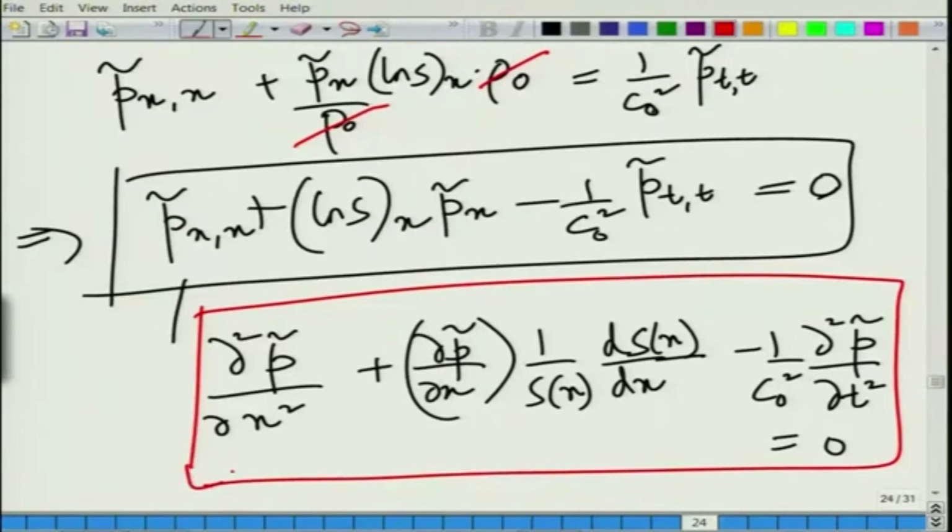So, we get this form. That was the equation that we talked about at the beginning of lecture 1. So, we are there with a little bit of rigorous derivation.